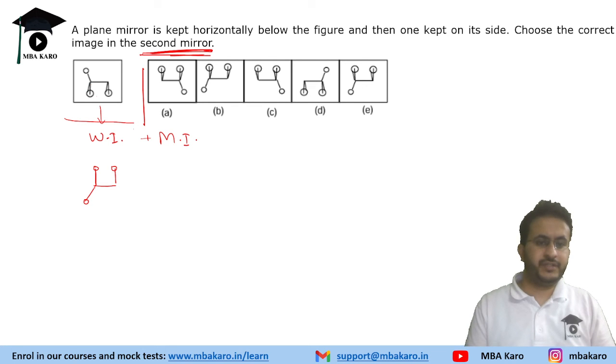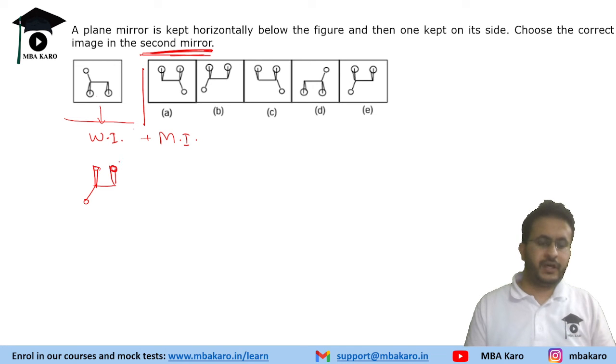No, it will appear to the left side only, because in a water image the left-right thing will remain the same. So one line at the center, and from this leg going to this side. Something like this will appear on the bottom.